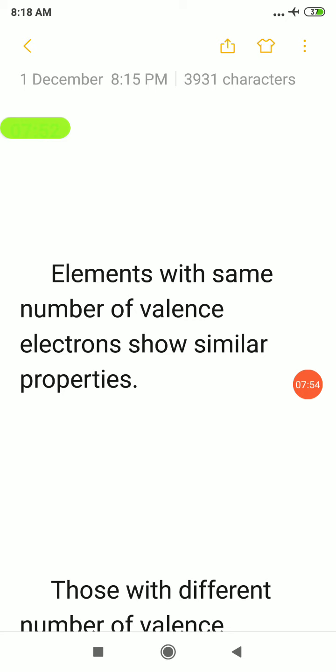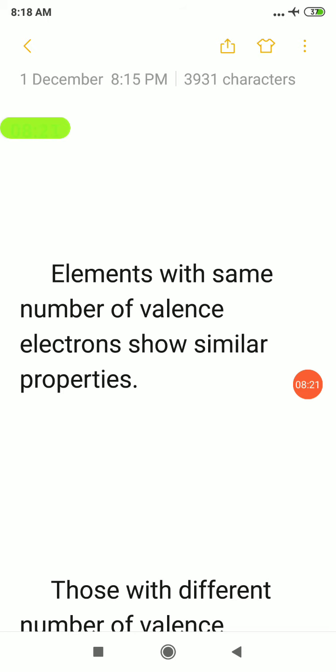Hydrogen has one valence electron, lithium has one valence electron, since they are present in the same group. So their properties will also be similar. Elements which have the same number of valence electrons will have similar properties. Elements with the same number of valence electrons show similar chemical properties.